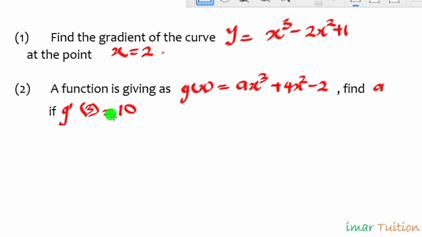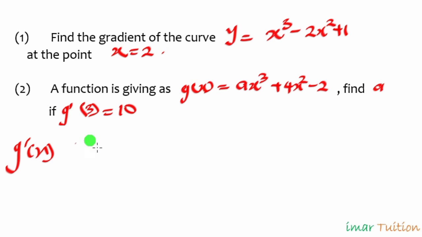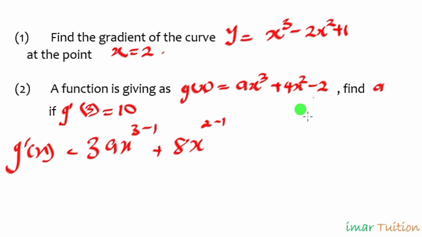Now we're going to find g prime of x, which is simply the derivative of this equation, and that will give us 3a x to the power 3 minus 1 plus 8x to the power 2 minus 1 minus 0. We simplify that, and that gives us 3a x to the power 2 plus 8x to the power 1. So that's what we have as the equation of g prime of x.